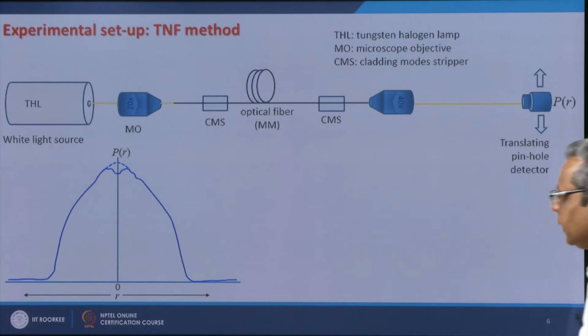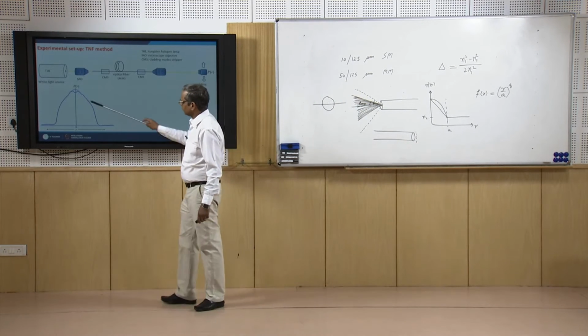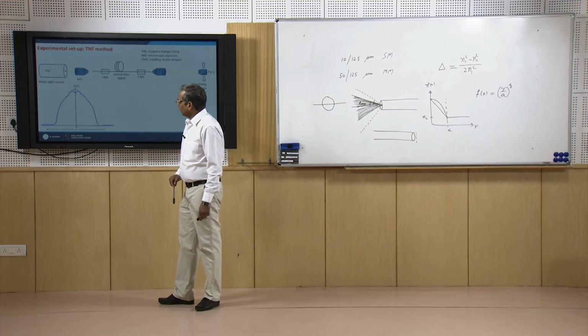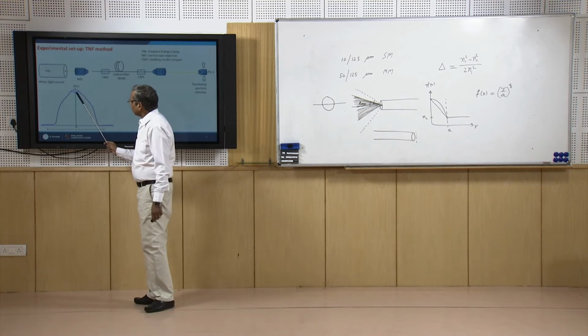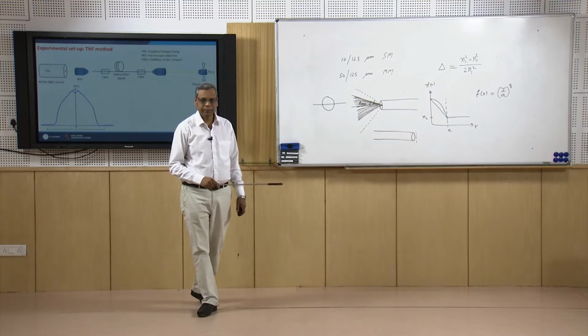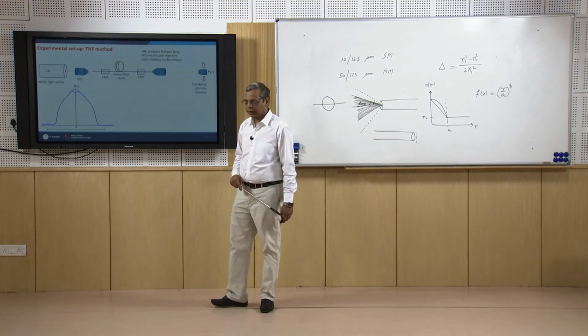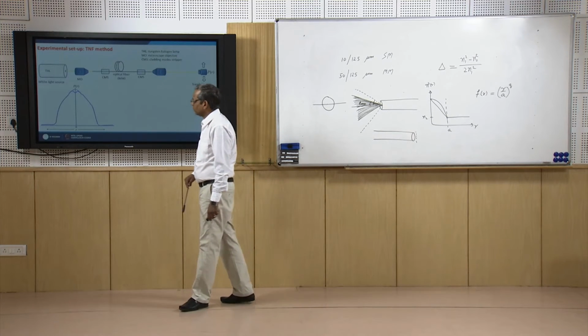So, on either side of the center the intensity decreases, and what I see is that at the center I have a small dip. This small dip is because of germanium out-diffusion when the preform is collapsed.